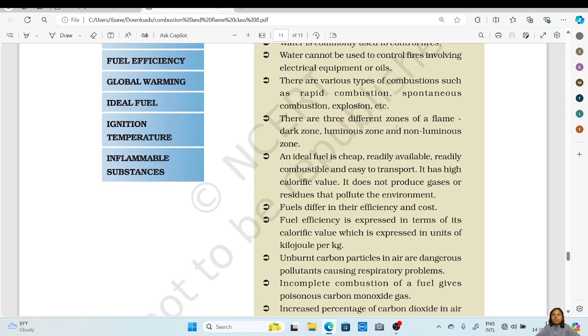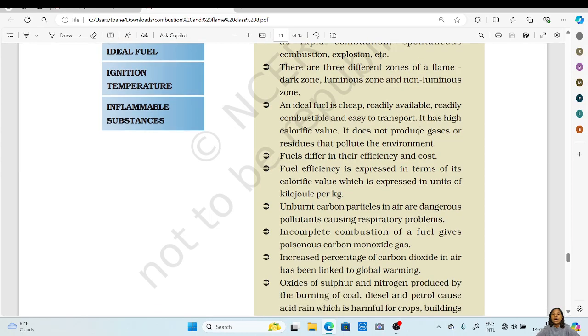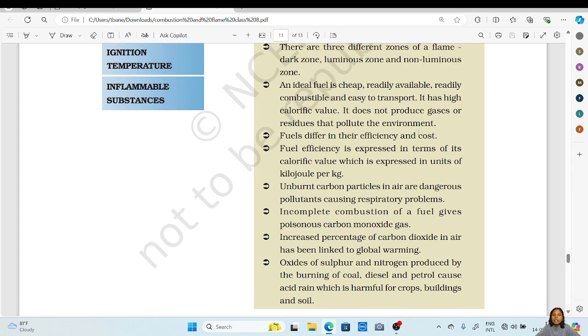There are various types of combustion such as rapid combustion, spontaneous combustion and explosion. There are three different zones of a flame. That is the dark zone, the zone near the wick of a candle, the luminous zone, the middle part, and the non-luminous zone, the hottest part, the outermost zone. An ideal fuel is cheap, readily available, readily combustible, and easy to transport.